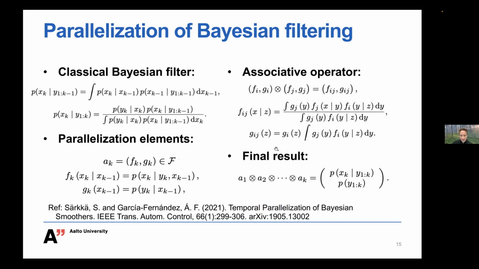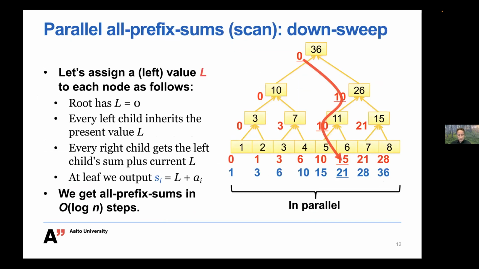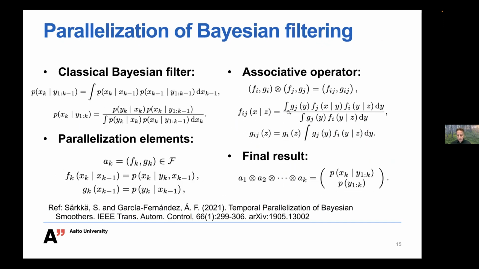Then it turns out that if we compute this operation, we get the result that contains the filtering result and the normalization constant. And so this is associative. So we can use these procedures, replace the summation with this operator, and parallelize the filter to log n steps.